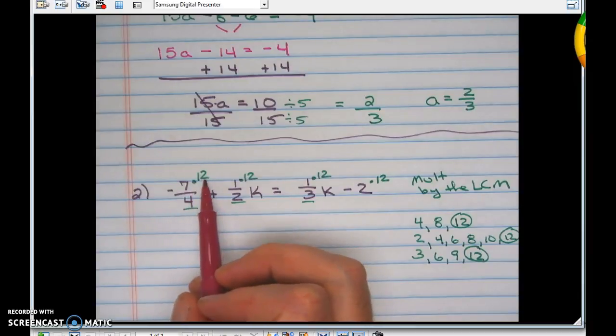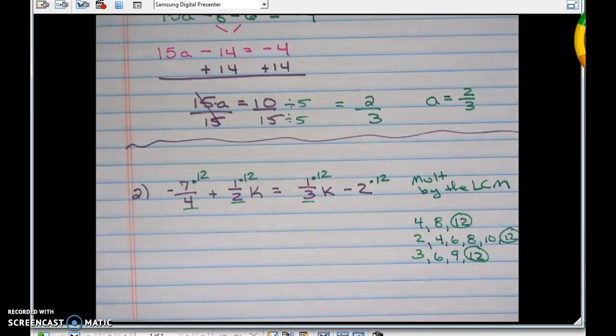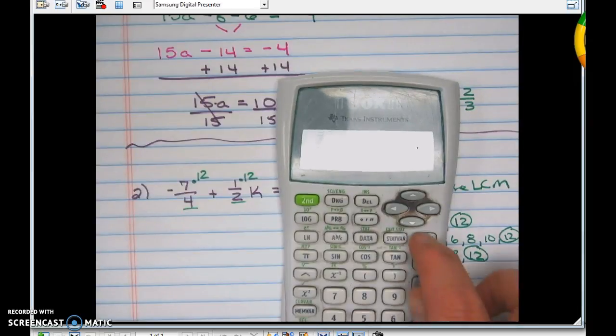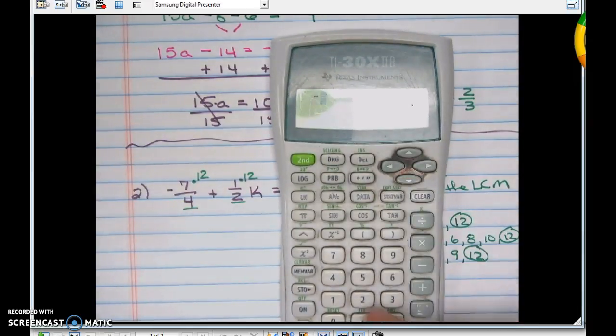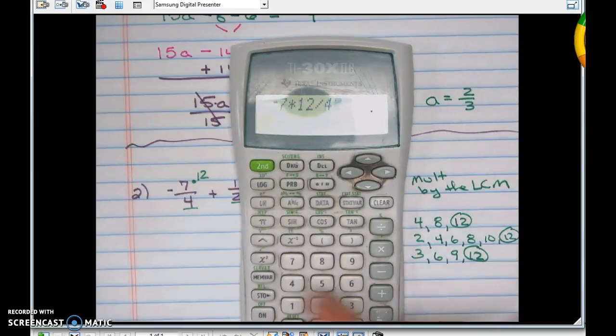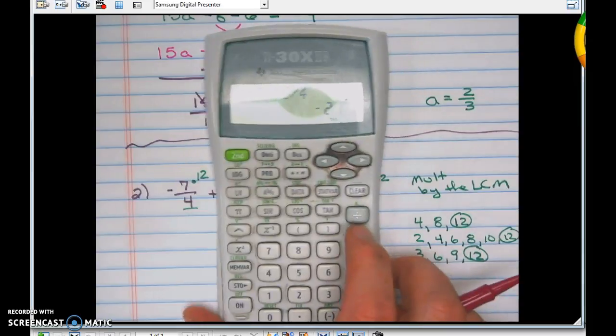Negative 7 times 12 divided by 4. If you don't know what that is, don't be embarrassed to grab your calculator and figure it out. So negative 7 times 12 divided by 4 is negative 21.